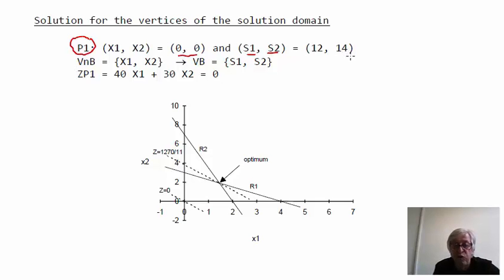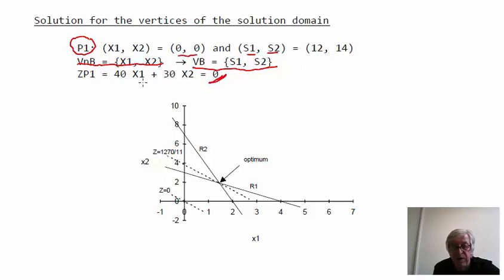So for this to be a basic solution, we need to consider 2 variables equal to 0, in this case x1 and x2, the non-basic variables, and with this choice we get this set of basic values, that is, we can extract the solution of s1 and s2.